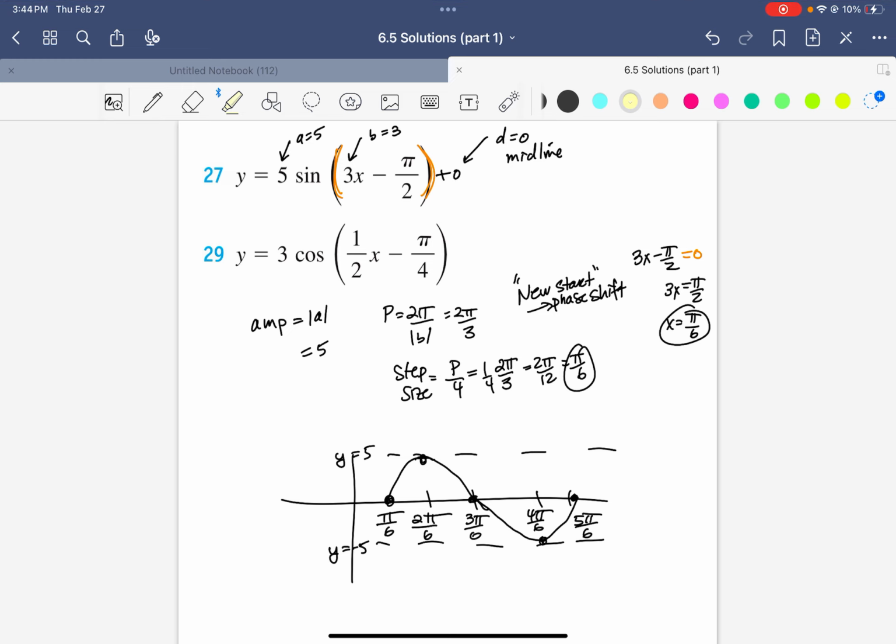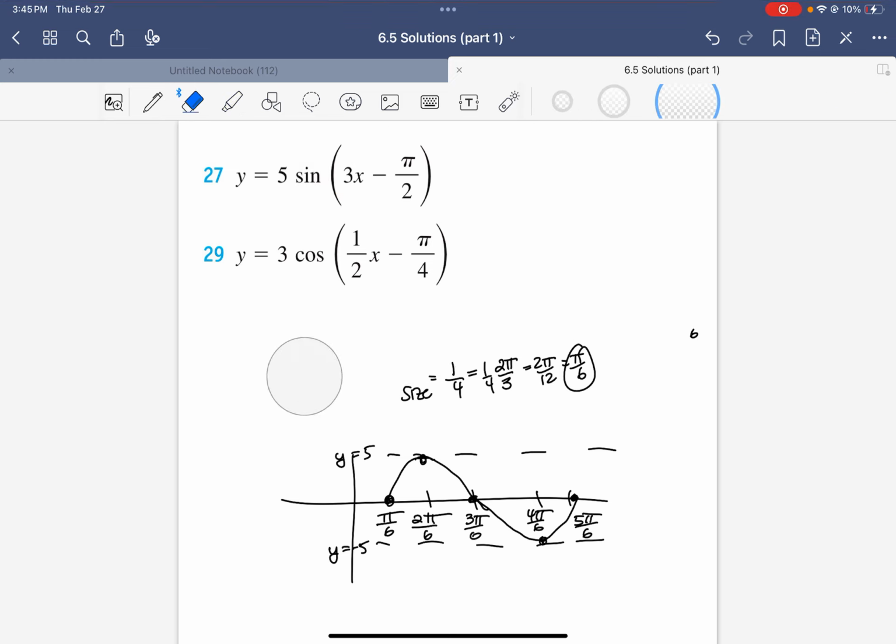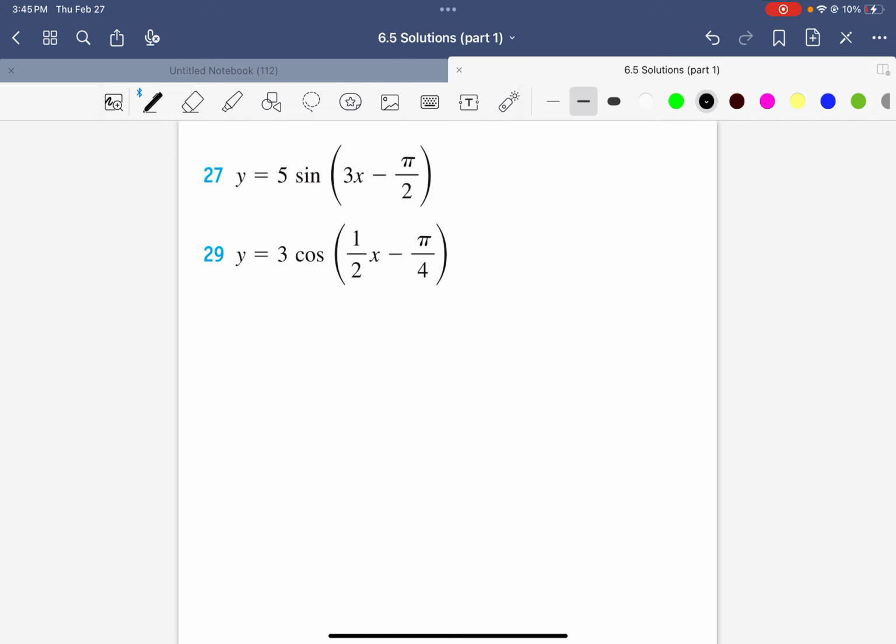So then for 29, I know that A is equal to 3, B is equal to 1/2, and I still see that my D is equal to 0 here. So my amplitude, absolute A, is equal to 3.